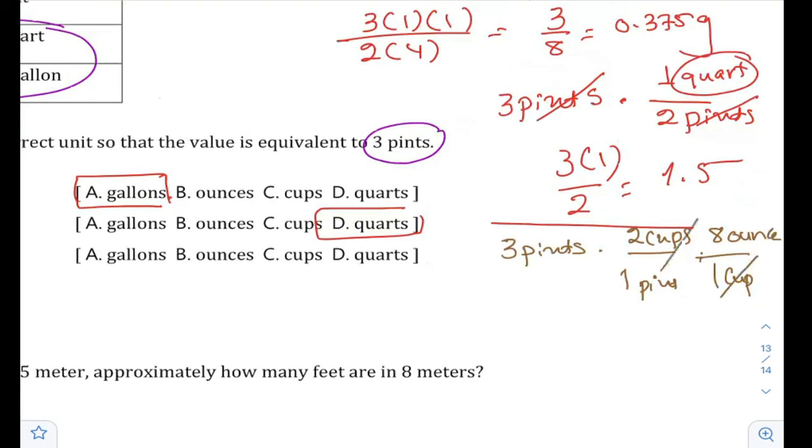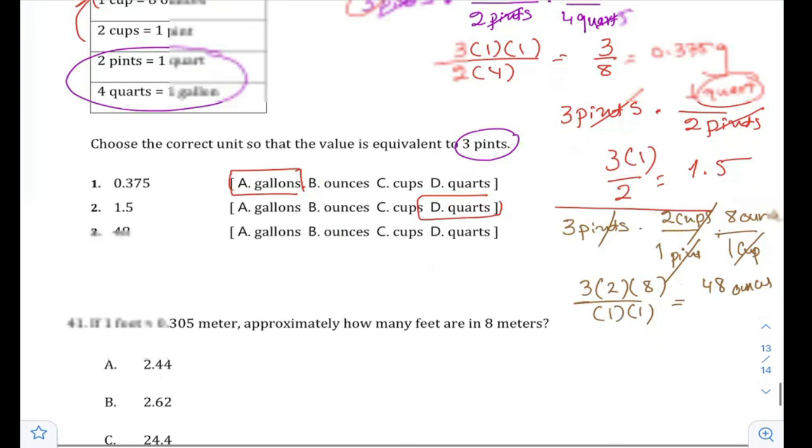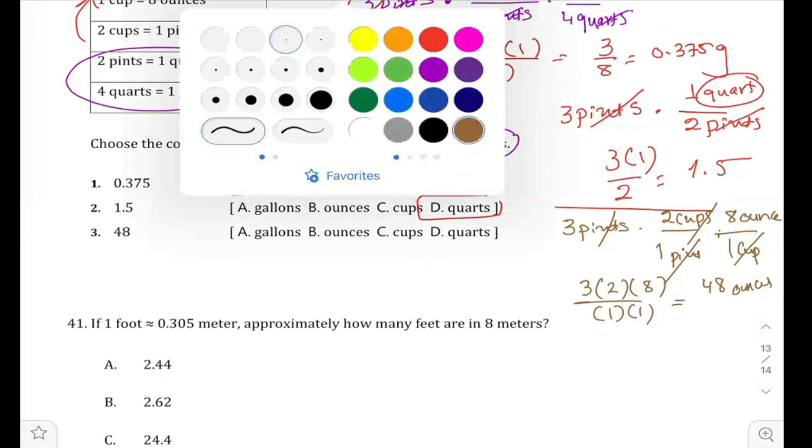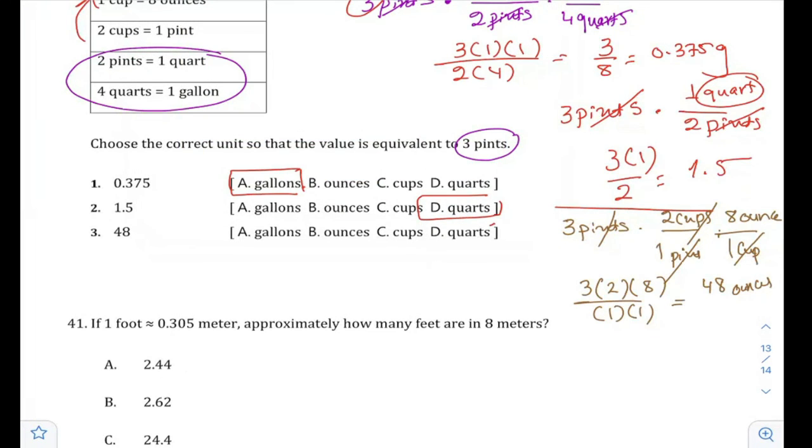So cup goes with cup, pint goes with pint. So it will be 3 times 2 times 8 up and down we have 1 times 1. 3 times 2, 6 times 8 is 48 over 1 is 48 what? Ounces. So whatever you need to cancel, put it down so that you cancel. And we will have here this option.